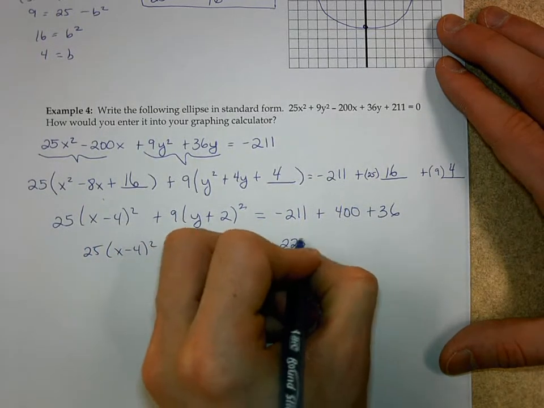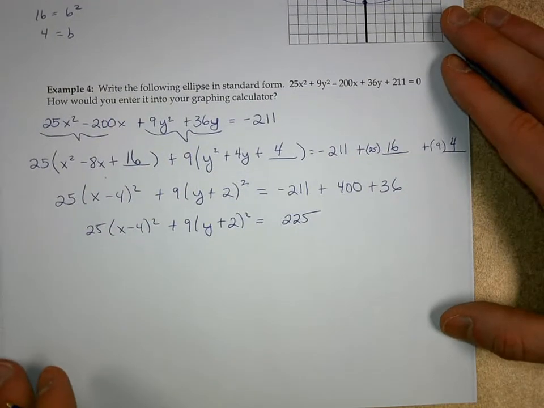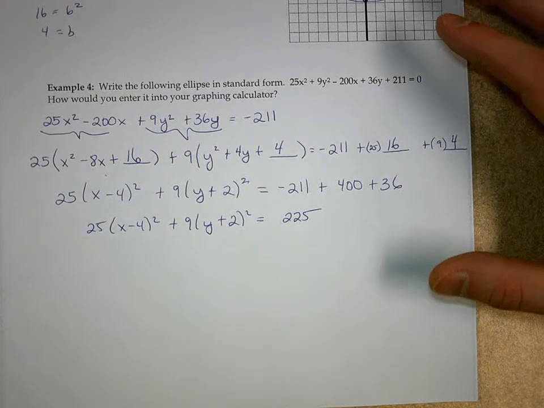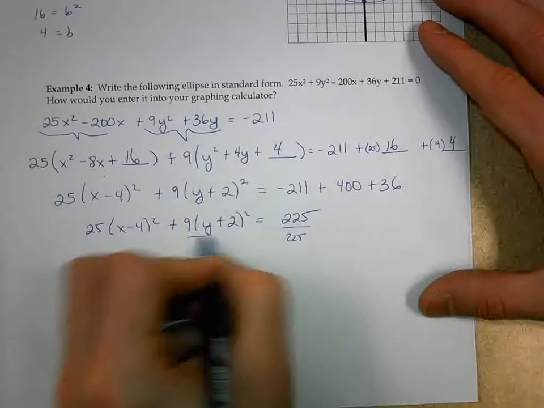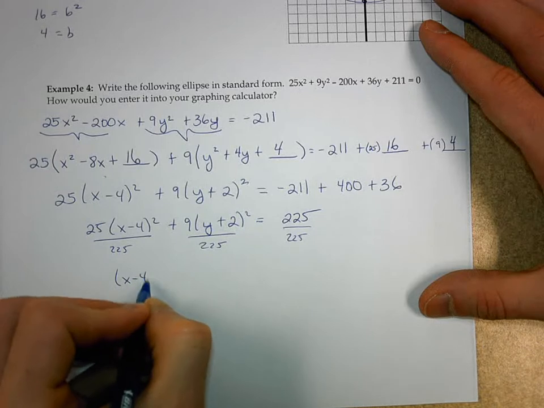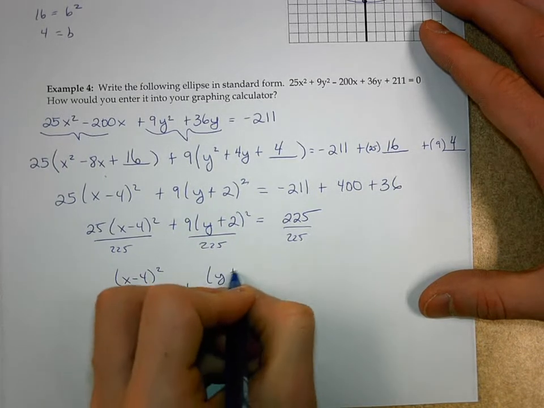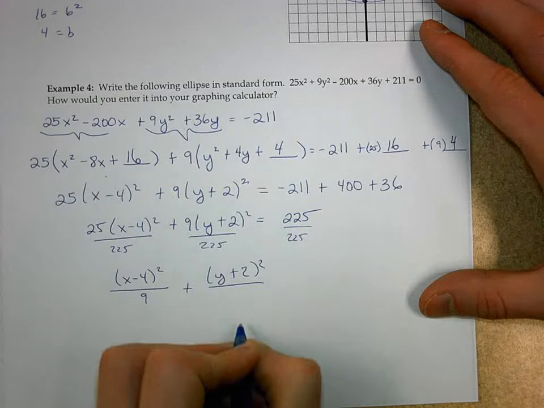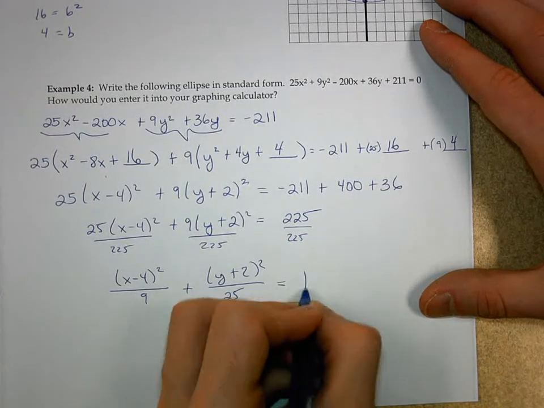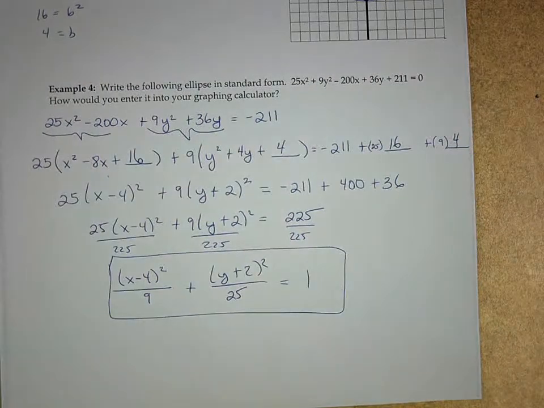Simplifying this, we get 225. And then, since I'm asking for standard form, I'm going to divide everything by 225, so my answer is equal to 1. So (x minus 4) quantity squared over 9 plus (y plus 2) quantity squared over 25 is equal to 1.